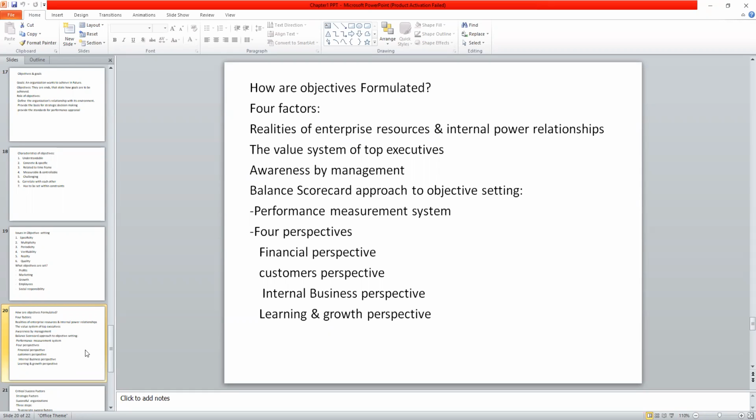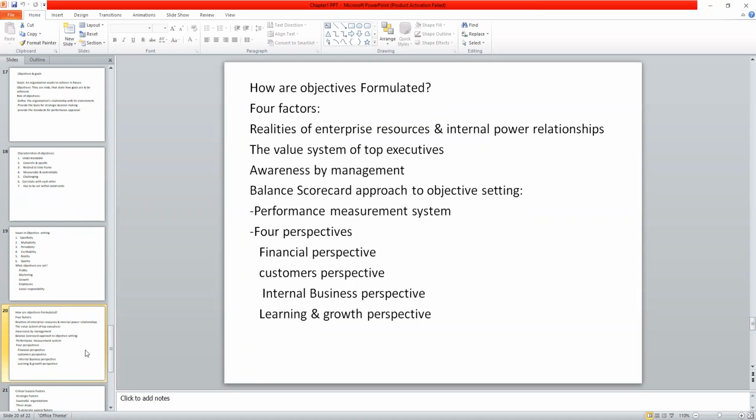So with reference to these four perspectives, it again helps in setting up the organizational objectives. So here, if we take the financial perspective, how the company is performing from the shareholders' point of view, because ultimately the shareholders, those who have invested, would be more interested in gaining the revenues, gaining the amount back to them.